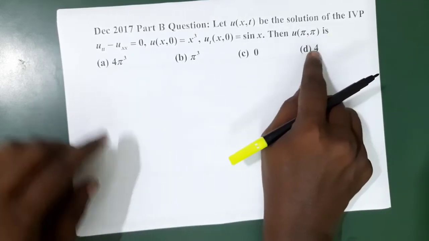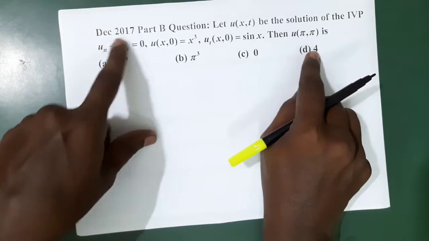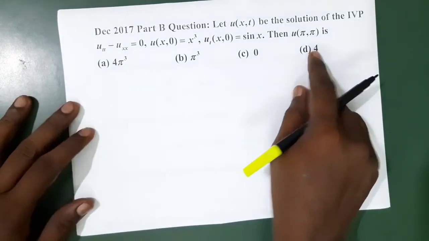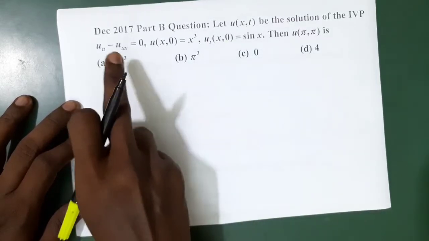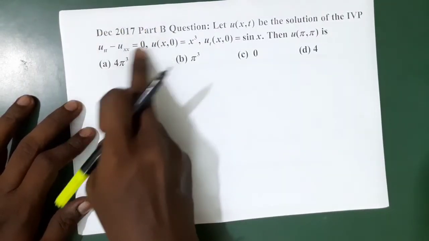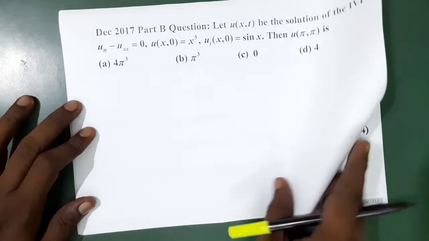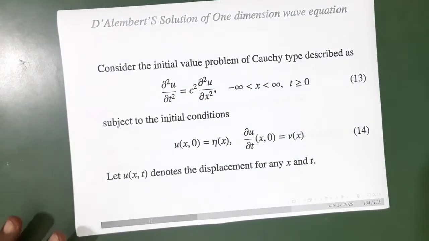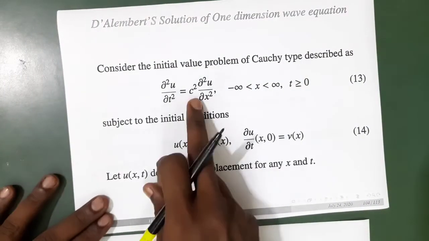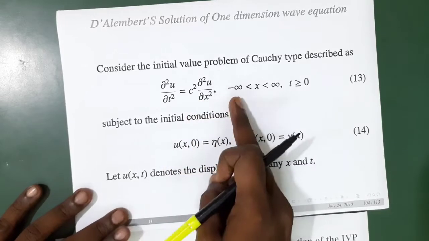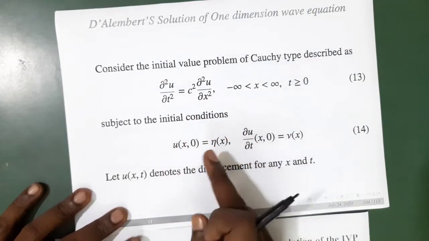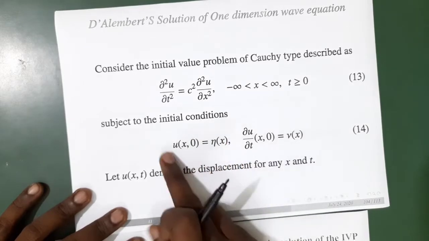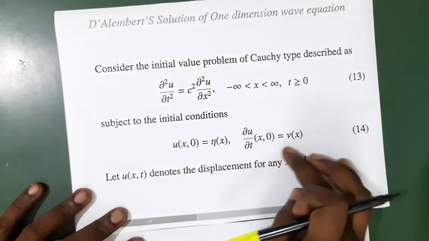This is the question. We have already discussed this type of solution in part 1. This equation is called the one dimensional wave equation. The conditions are the initial position of the string and the initial velocity of the string.